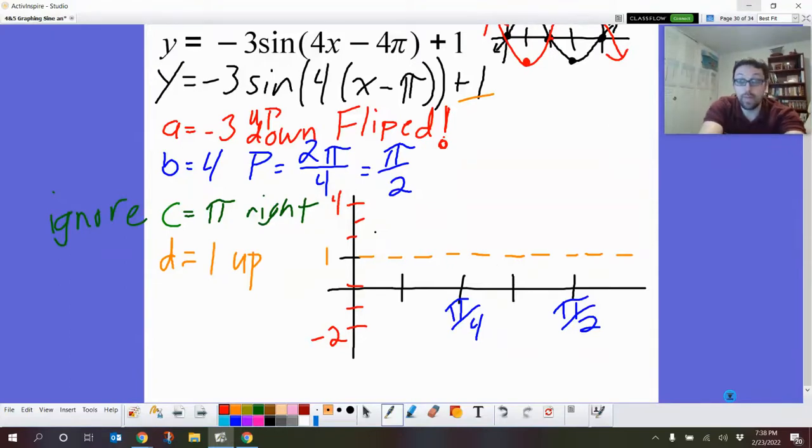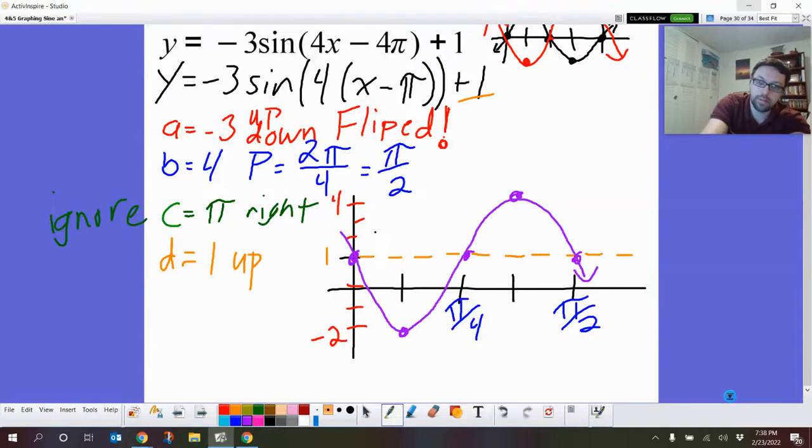I'm ignoring my phase shift, so later. We go on. I can't ignore my flip though. Down, on, up, on. And there we go.